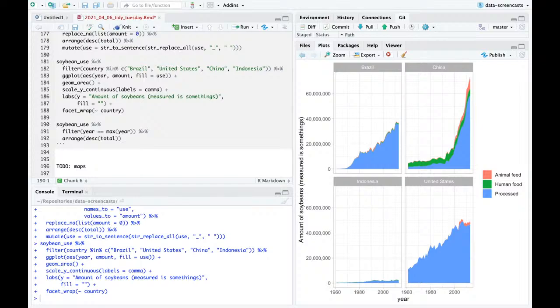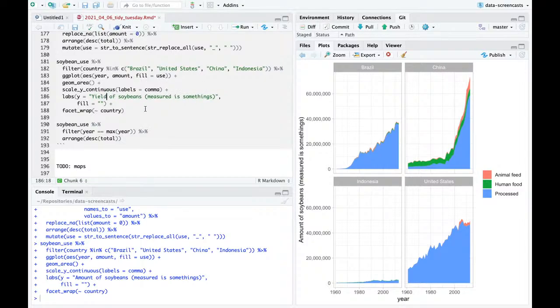Thank you, sir. Yields. Thank you, David. It's average soybean yields measured in tons per hectare. All right, this is interesting because if it's tons per hectare, a yield, then it's not an amount. It's yield of soybeans.